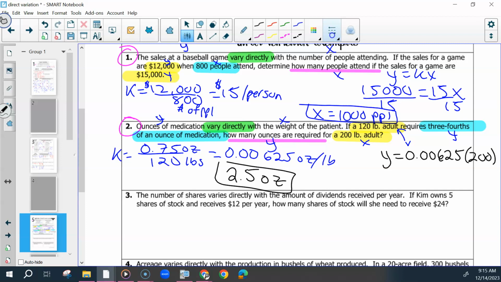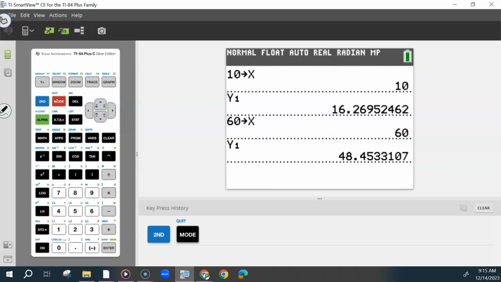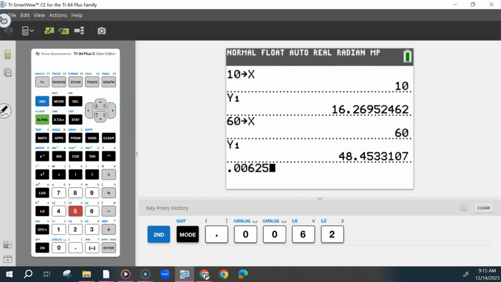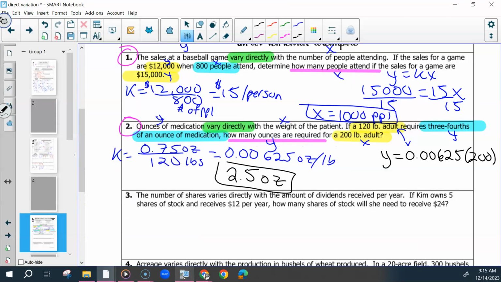I got 1.2. Yeah, I got 1.2. Wait, no, yeah. Okay. So we put in the wrong thing. Okay. So if you get something different, please say something.